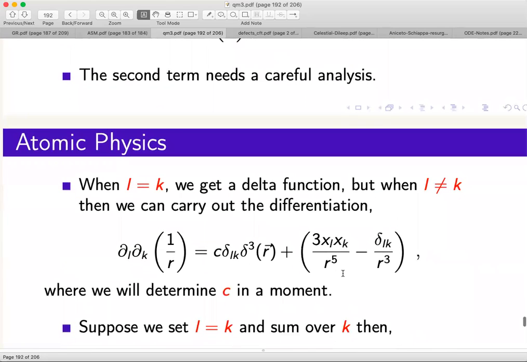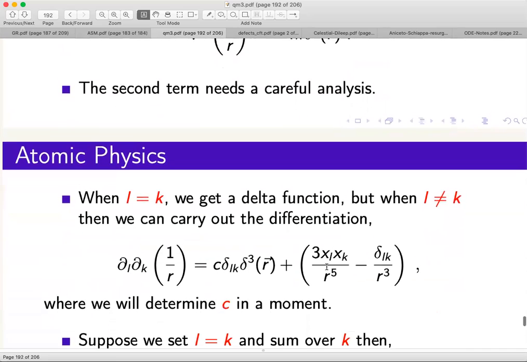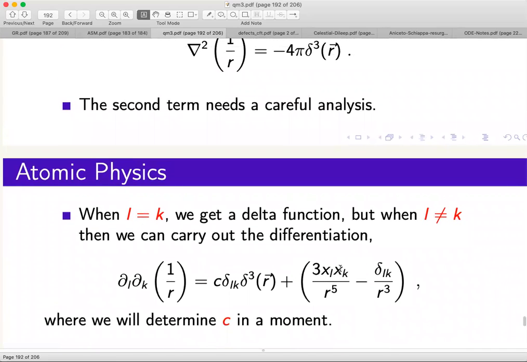When it acts on 1 over R, there are two ways it could act. Once it acts on 1 over R, it gives you some X in the numerator. The second time it again acts on the denominator piece, it gives you one more X in the numerator. The other possibility is that once it acts on 1 over R you get a quantity in the numerator, then the second time the derivative acts on the quantity in the numerator, and it gives you a delta LK.